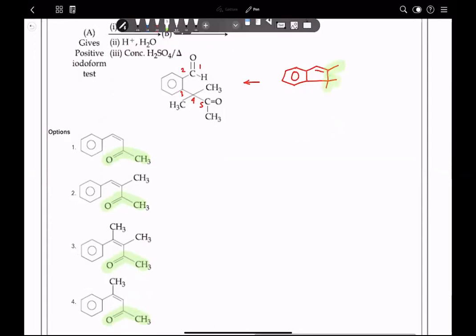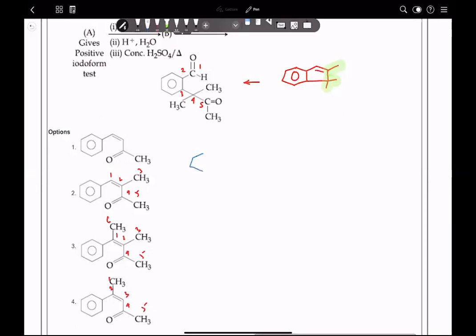One carbon will come from CH3, so reducing that, the total carbon required other than benzene is 5. You can see it is 1, 2, 3, 4, 5 carbons in this compound. In the other compound it is 1, 2, 3, 4, 5 and 6, and here it is 1, 2, 3, 4, 5. So either option 2 or option 4 we must try.